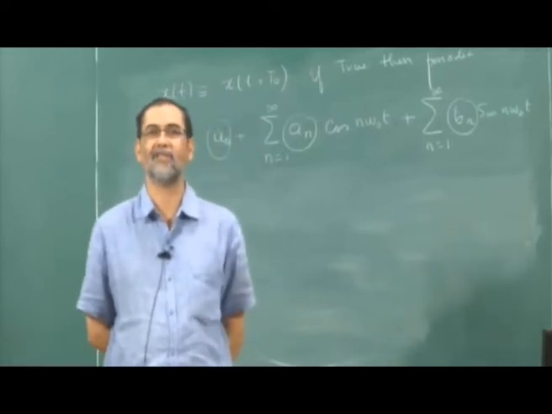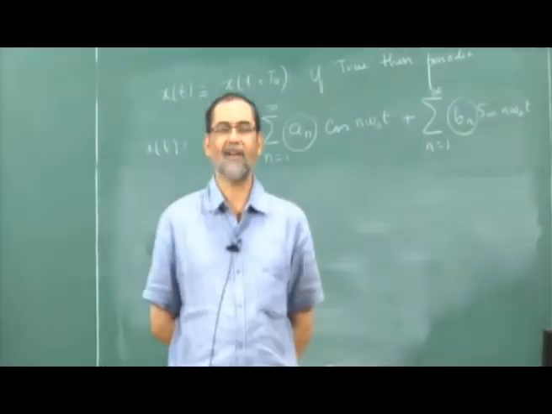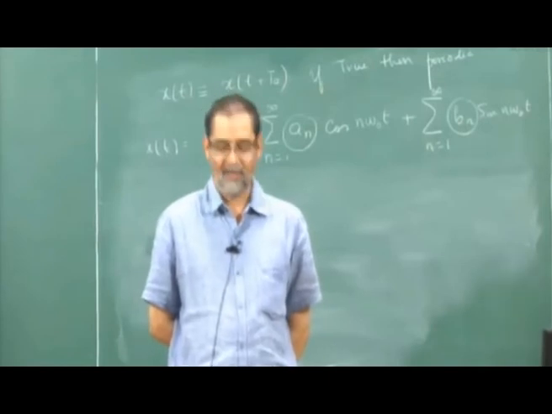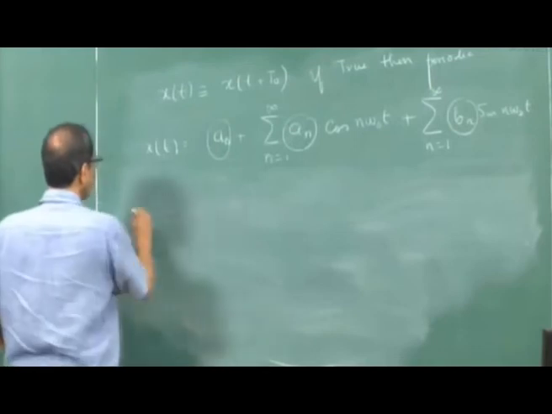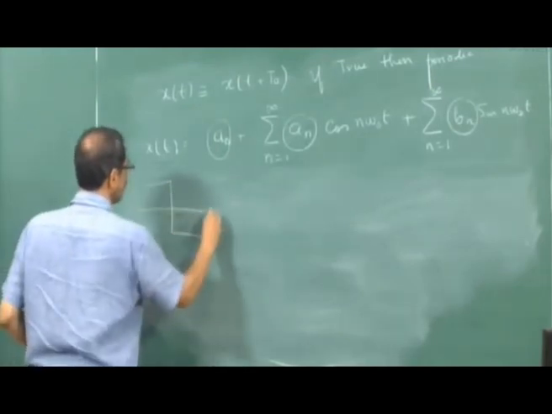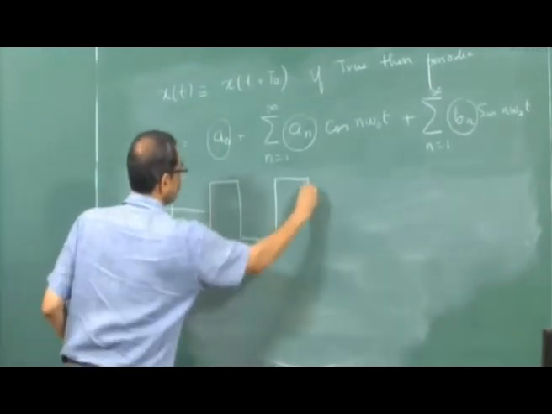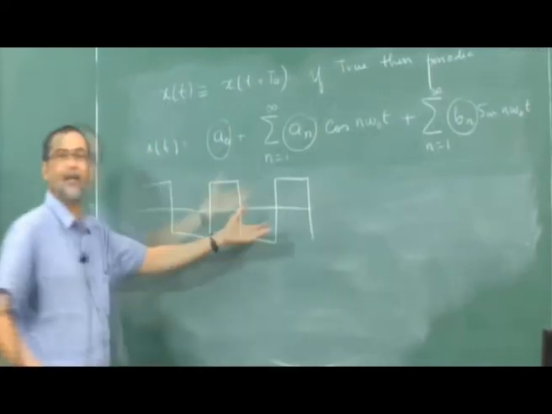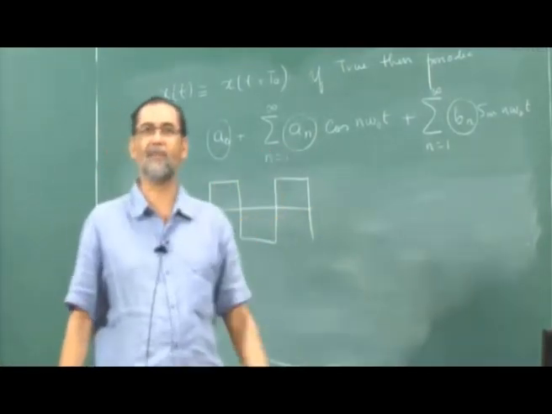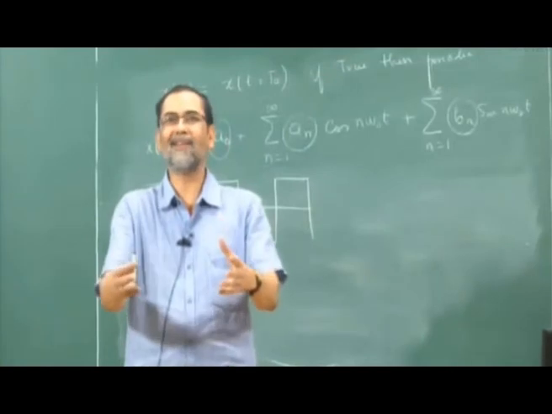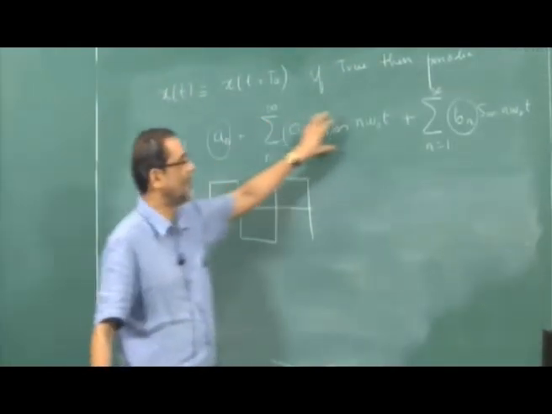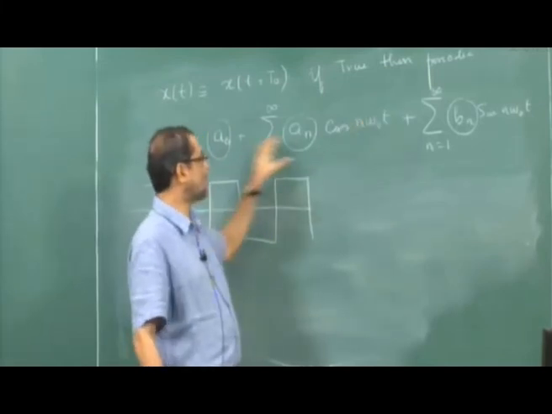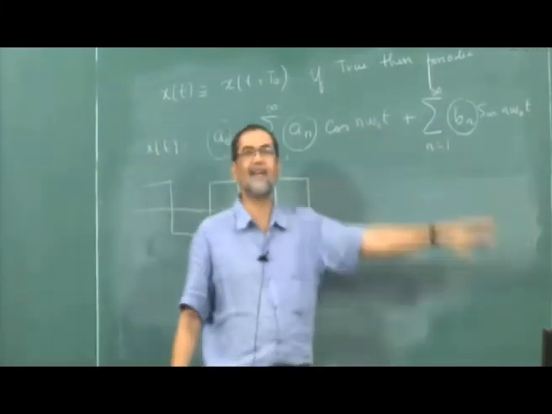They asked a very simple question, right. They said, Mr. Fourier, look at this, if x of t is a rectangular function and periodic, you are claiming that this function can be written in terms of a large number of cosine and sine frequencies.